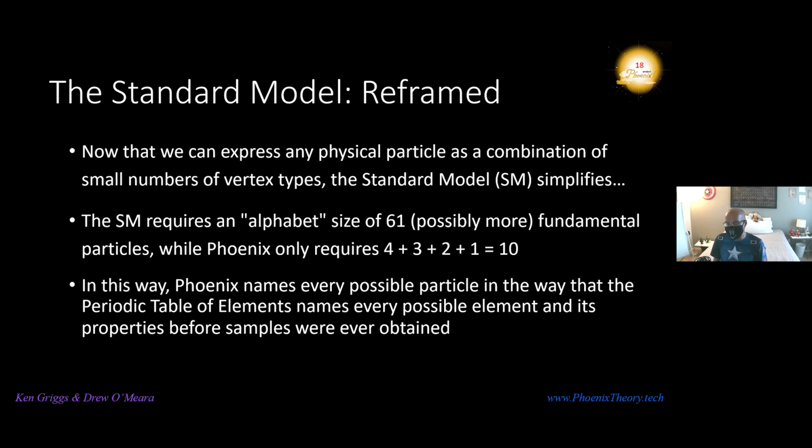However, Phoenix, as we've just seen, only has 10 actual building blocks to give you all of the particles that we can observe, and even dark matter that we haven't observed, but we know exists because of its gravity. So in this way, Phoenix names every possible particle in the way that the periodic table of elements names every possible element and its properties before the samples were ever obtained.